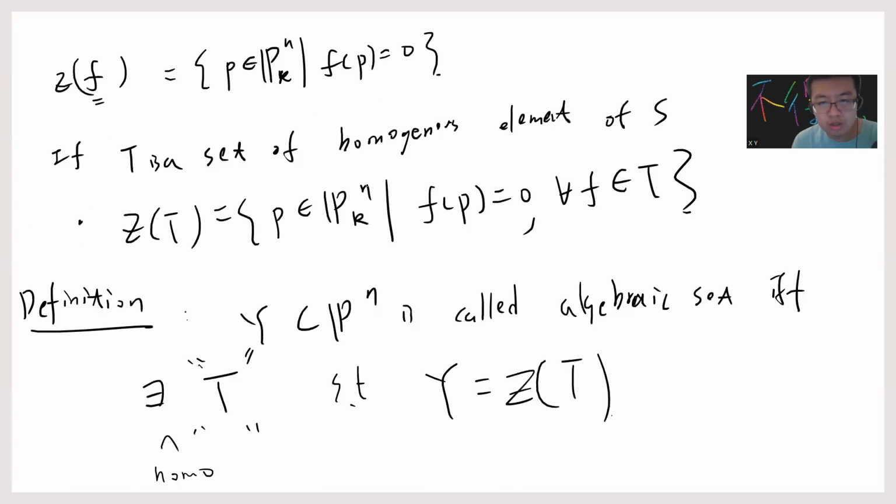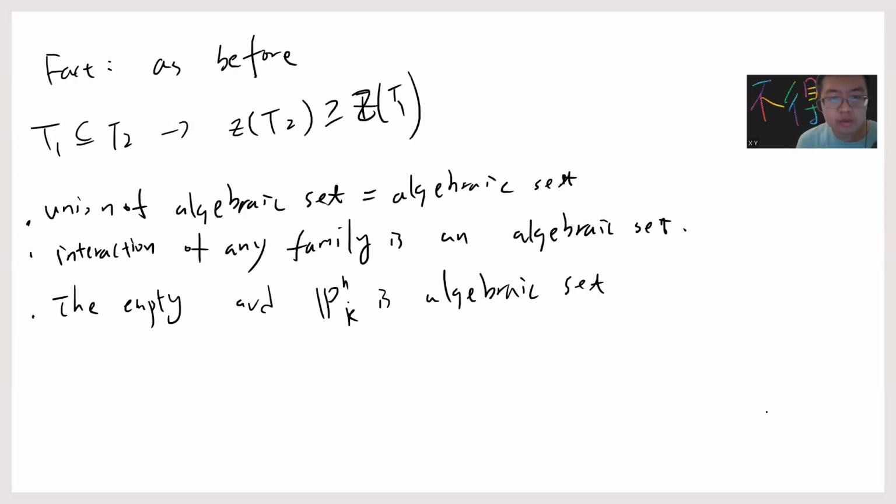So you can just use the property of the zero locus. For example, you can ask what is this, and what is this.